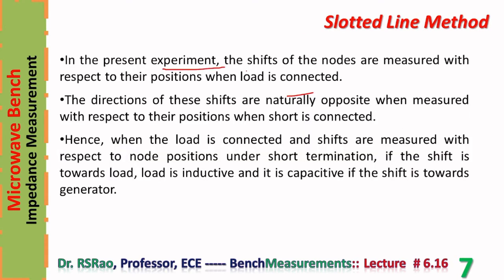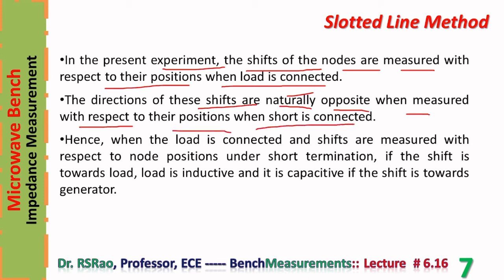In the present experiment, the shifts of the nodes are measured with respect to their positions when the load is connected. The directions of these shifts are naturally opposite when measured with respect to their positions when the short is connected. Hence, when the load is connected and shifts are measured with respect to node positions under short termination, if the shift is towards the load, the load is inductive, and if it is capacitive, the shift is towards the generator.